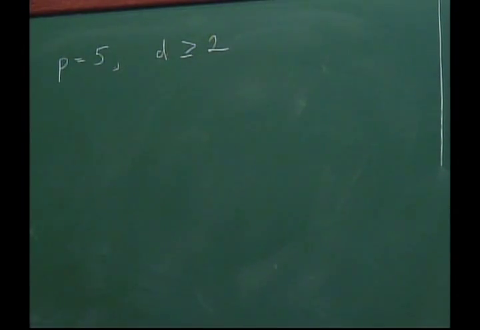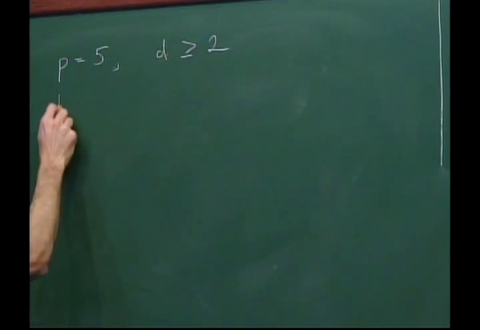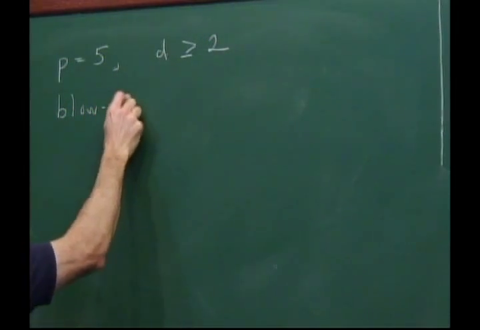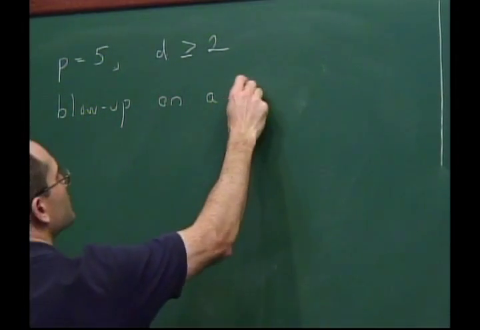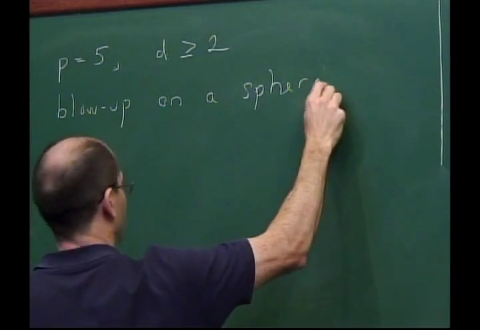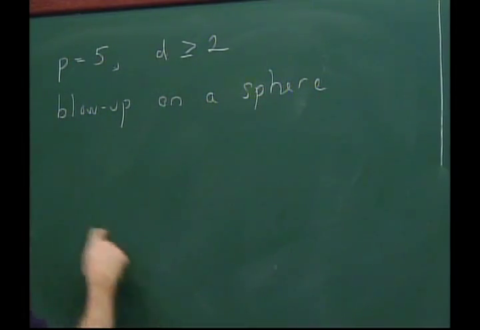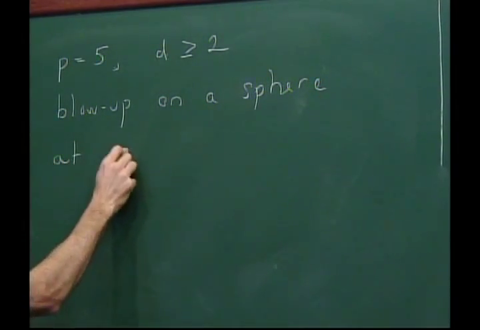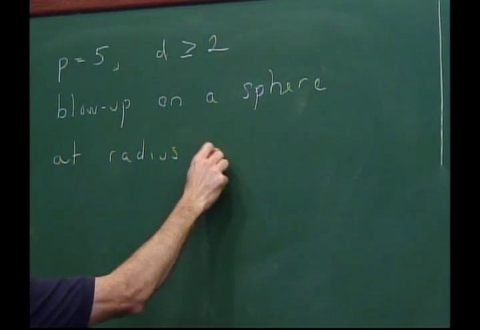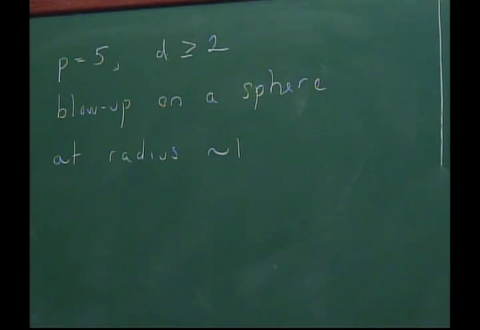Then you can blow up on a sphere, which we might as well take to be at radius approximately 1. Any radius. The idea behind this was introduced by Raphael in 2005, and he did the 2D case.